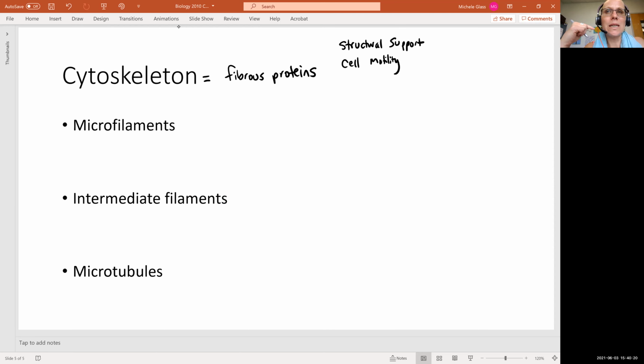Remember, we're going to see proteins being made in the ribosome, modified in the rough ER, packaged. That package is moved to the Golgi. It's going to move through the Golgi, and then it's going to go to the cell membrane for export. So there's a ton of internal movement that's happening. Cytoskeleton is involved in cell reproduction.